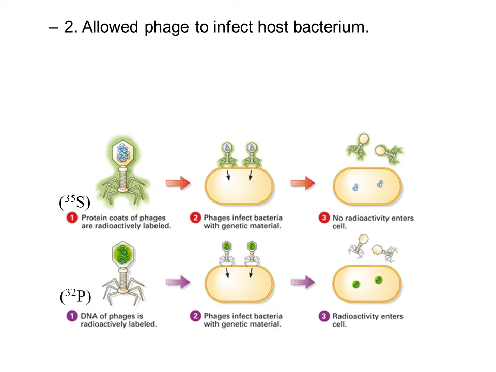If you look at the first one, where the protein coat was radioactively labeled, notice that the phage did its thing, but no radioactive element was found in the bacteria. If you look at the bottom image, the phage that had radioactive DNA, when it infected the bacteria, notice that when the cell was harvested, it had radioactive particles in it.